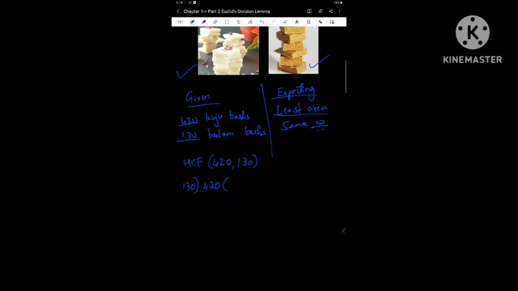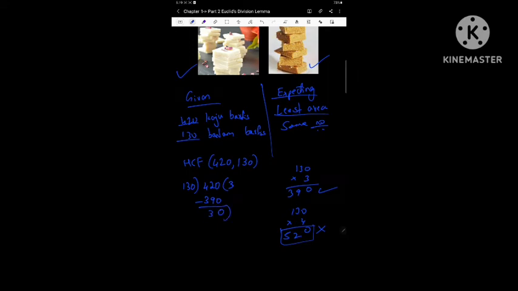130 3s, let's try 130 into 3, 390. Let's try 130 into 4, 520, which is bigger, so we are not considering this. So it is 390, and we have 30 over here.